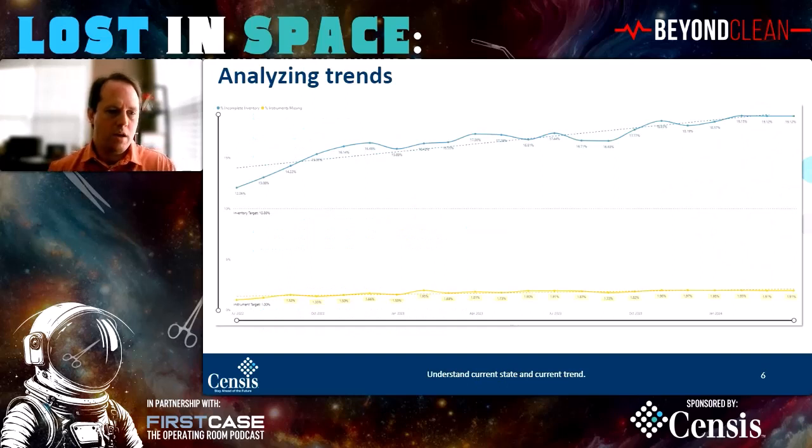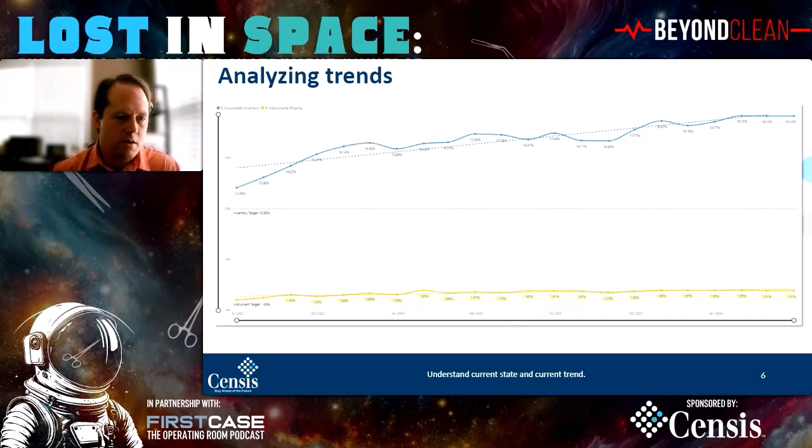So what we're looking at here is some fake data, but this is one way you can look at the first two KPIs, which is your tray completion rate and your overall missing instrument rate. So here what we've done is we plotted the tray completion rate, that's that blue line across the top, for a fictitious facility, to start to understand what's going on.